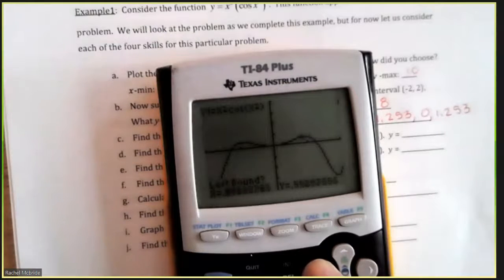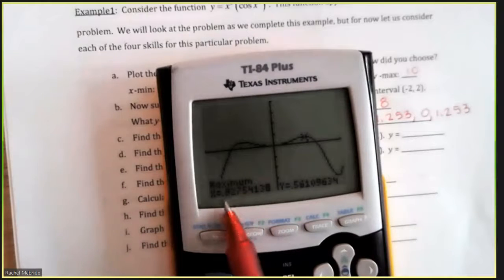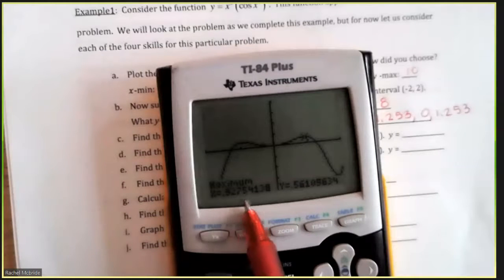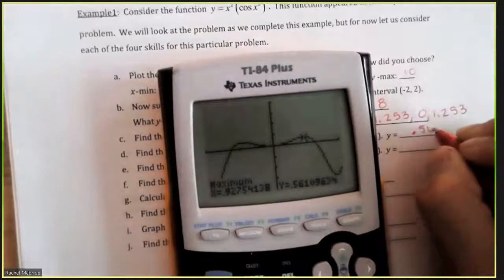What's nice is the graph is symmetric, so we only have to find this once, because the max on this side is going to be the same as the max on that side. It's happening at positive 0.927 as well as negative 0.927, and the y value is 0.561.